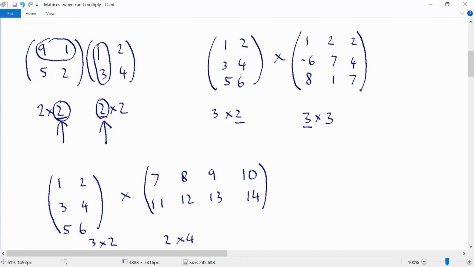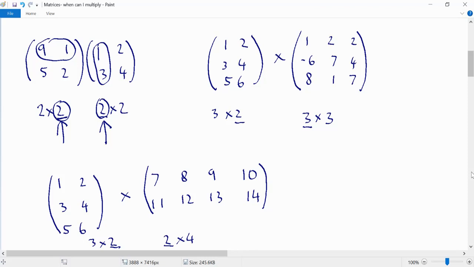It's a 2 by 4 matrix because it's got 2 rows and 4 columns. So when deciding whether it's possible to multiply the two matrices together, the answer is yes, because this number and this number are the same as each other. That's how dimensions can be used to decide if it's possible to multiply two matrices together.